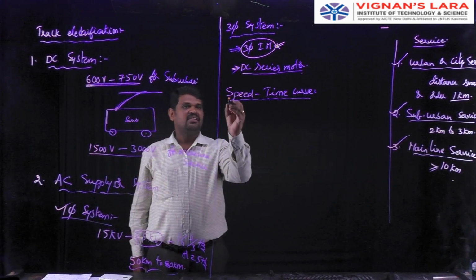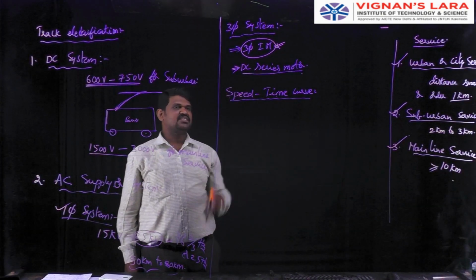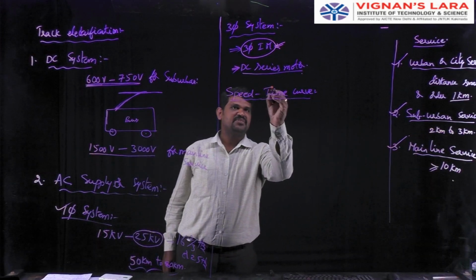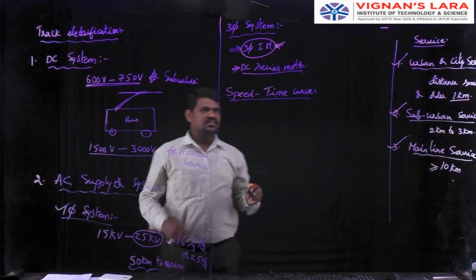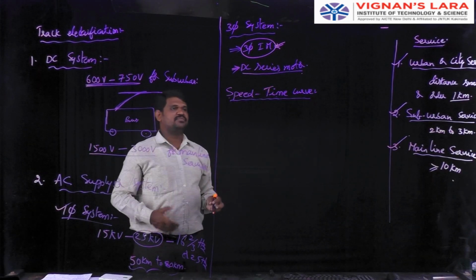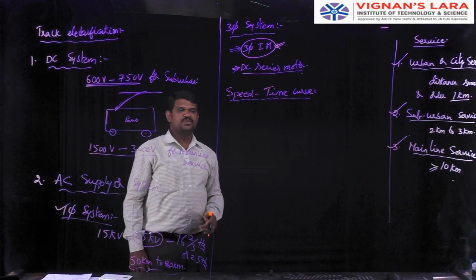On the y-axis we take the speed, and on the x-axis we take the time in terms of seconds. So we draw the relation between the two variables. That curve is called the speed time curve.